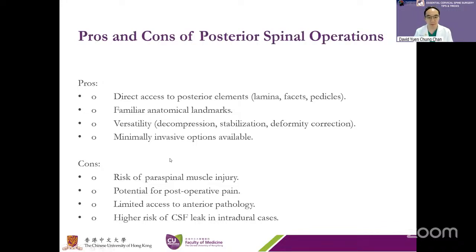And of course, with the potential options of minimally invasive surgery, like use of tubular retractors, use of microscopes, as well as endoscopic cervical spinal operations. But of course, cons include postoperative pain and also the limited access to anterior cervical pathology. And in certain cases, there could be risk of a CSF leak and a dural tear.